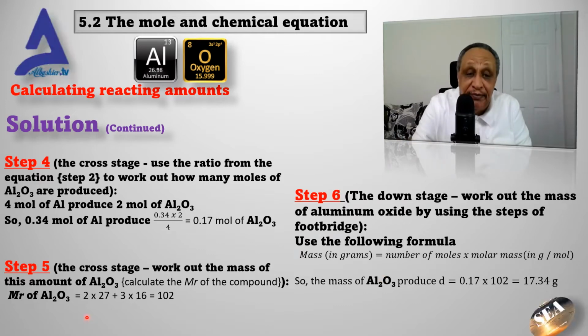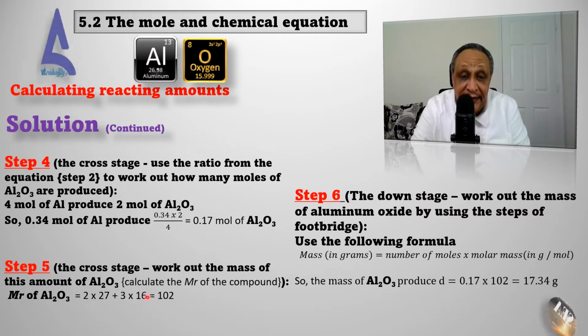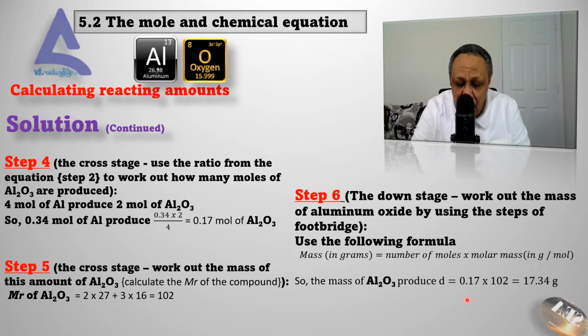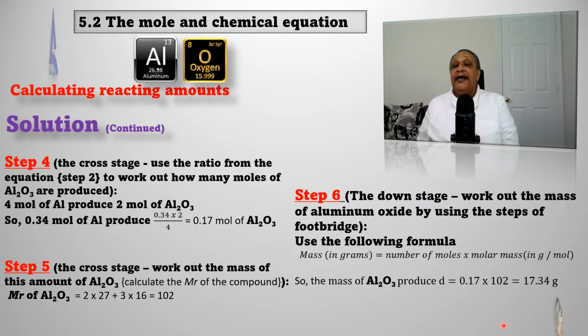So this is the molar mass. The number of moles is 0.17, and the molar mass is 102, and this is equal to 17.34 grams of aluminum oxide.